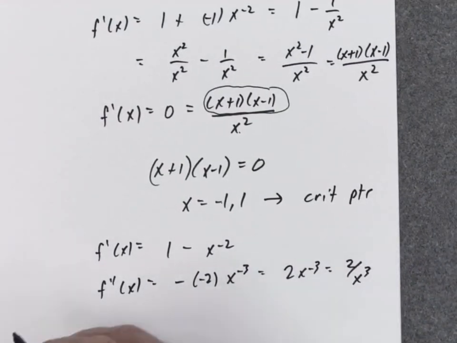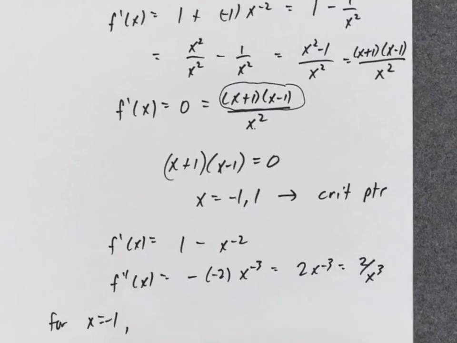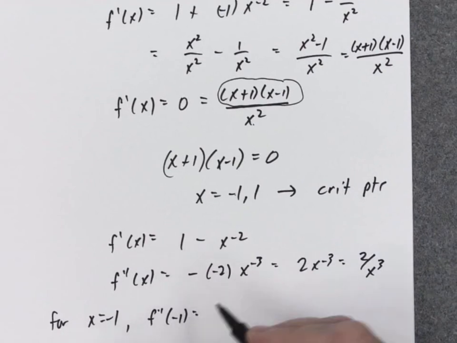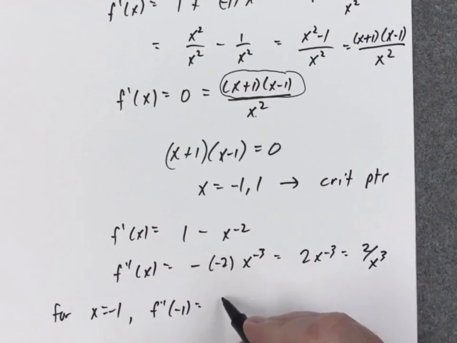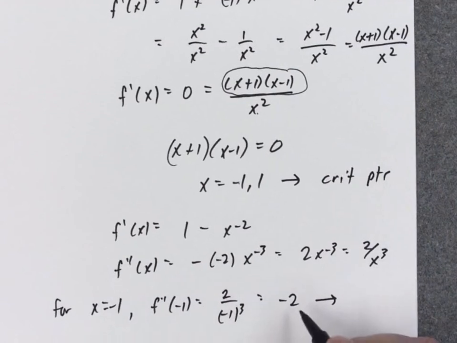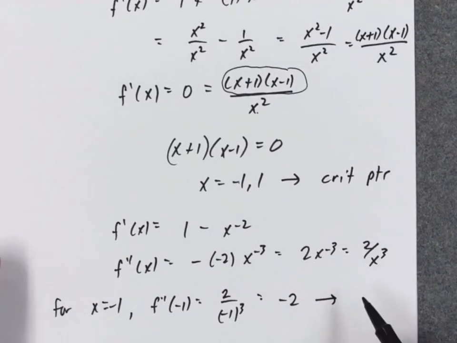So let's do, for my first critical point, x is -1. I take that, I plug it into my second derivative. 2 over -1 cubed. -1 cubed is -1. This is -2. What does a negative second derivative mean?